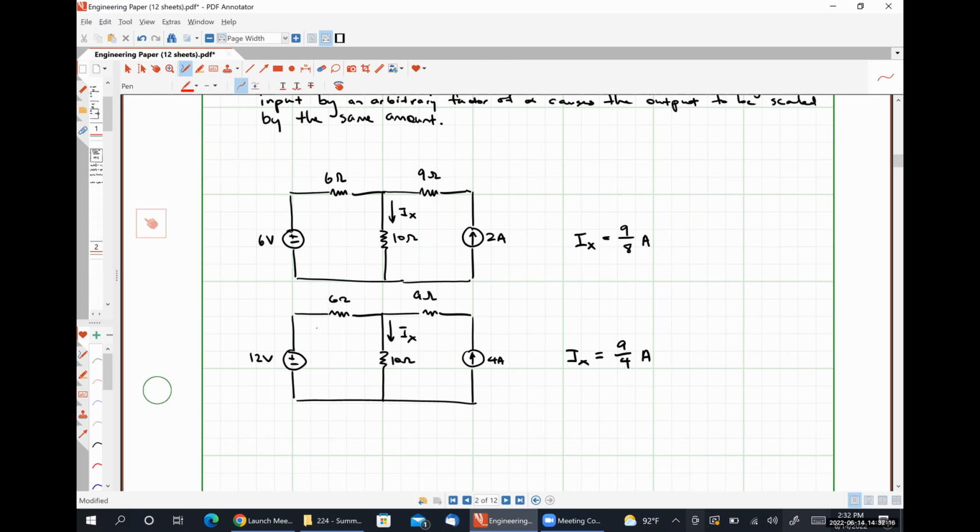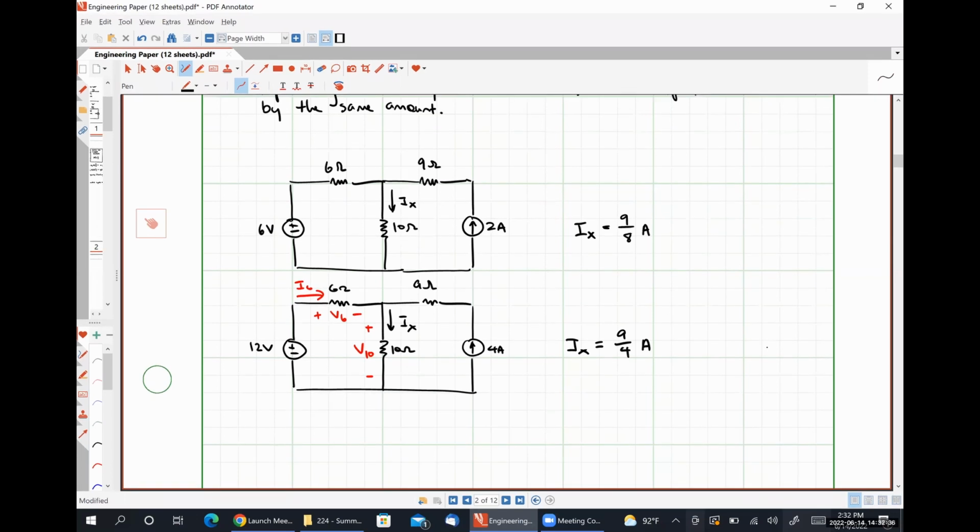So I'm going to call this voltage V6, this current I6, this voltage V10, because these are the only quantities that I used the last time I solved this circuit. I'm just going to use these again.